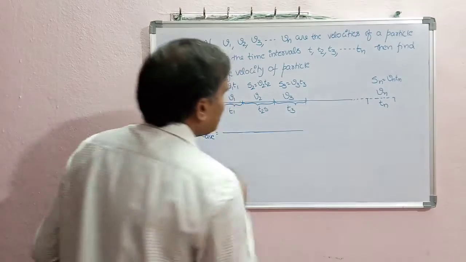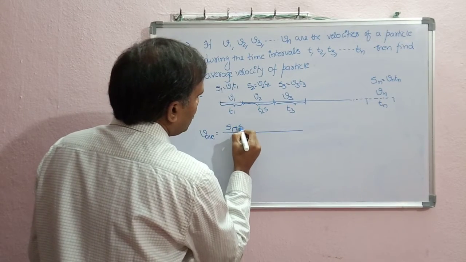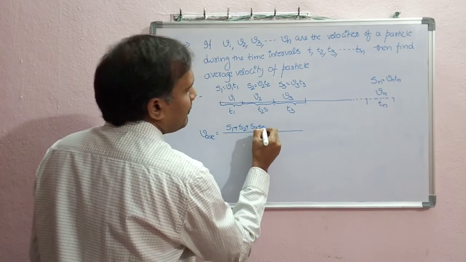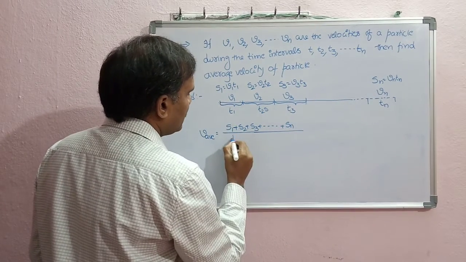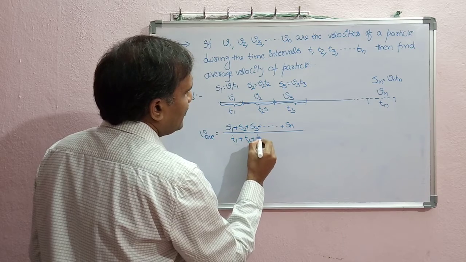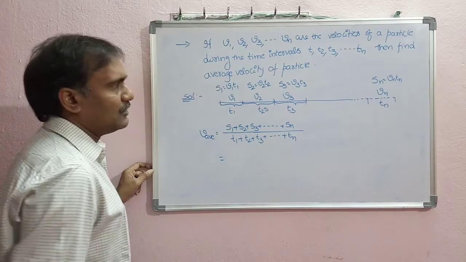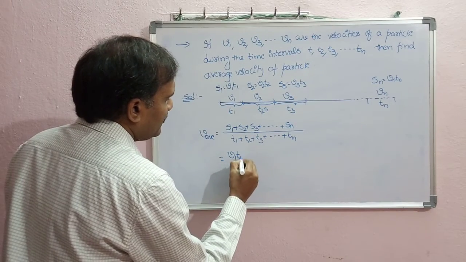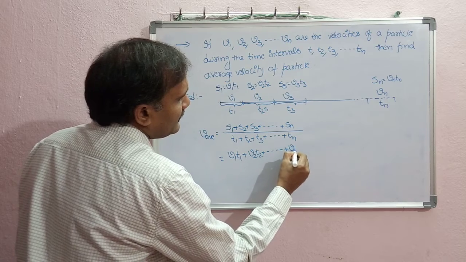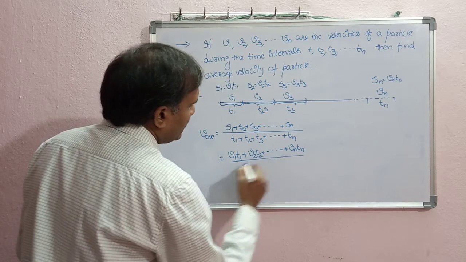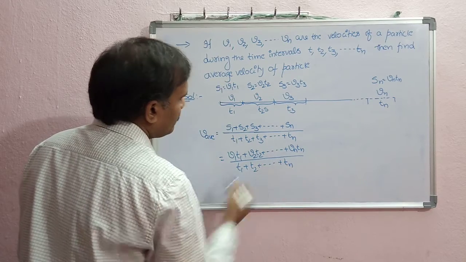Now, displacement traveled by the particle is s1 plus s2 plus s3 plus so on up to sn divided by time interval t1 plus t2 plus t3 plus so on up to tn, or this is equal to v1 t1 plus v2 t2 plus so on vn tn divided by time interval t1 plus t2 plus so on up to tn.